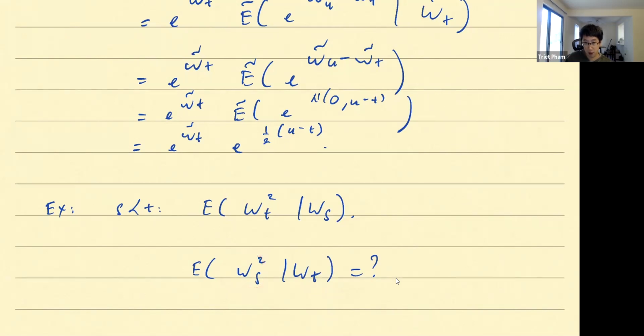This is a much harder calculation, so we will not consider this kind of calculation in this class. But the time flow here really matters. You can ask the question in both directions. One direction is hard, one direction easy.